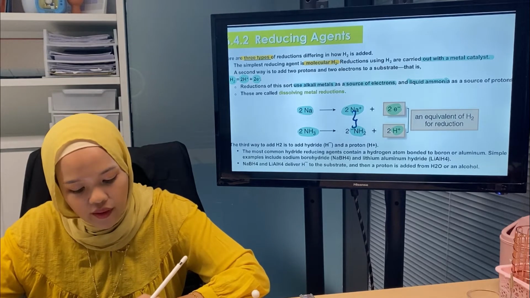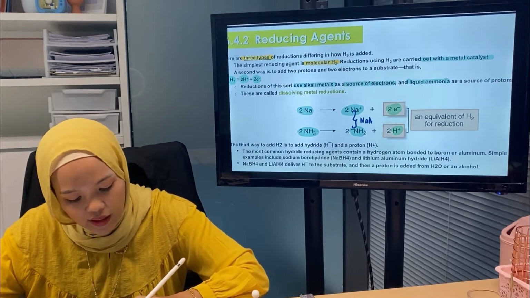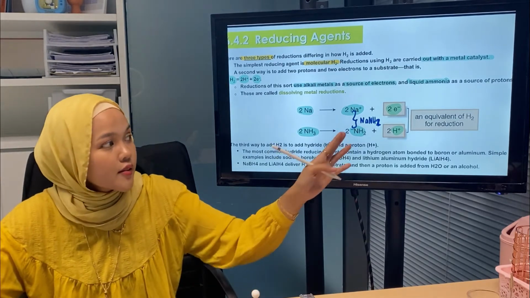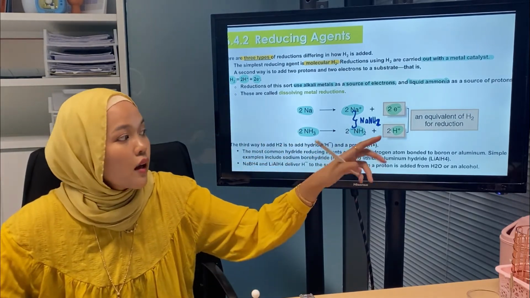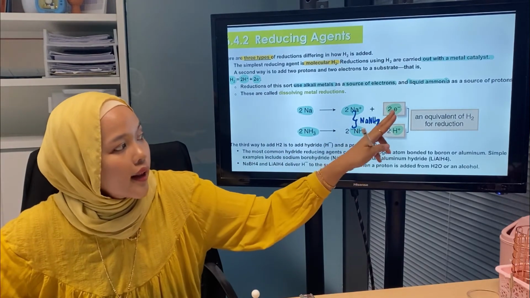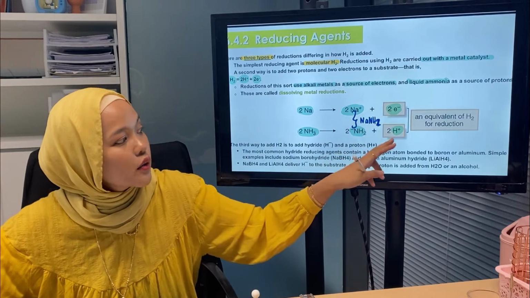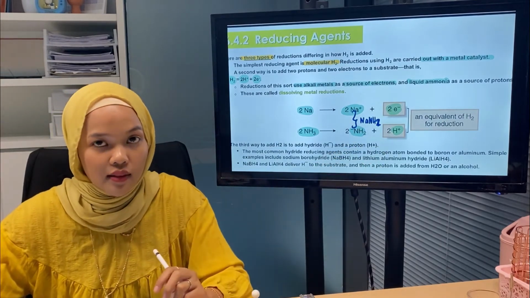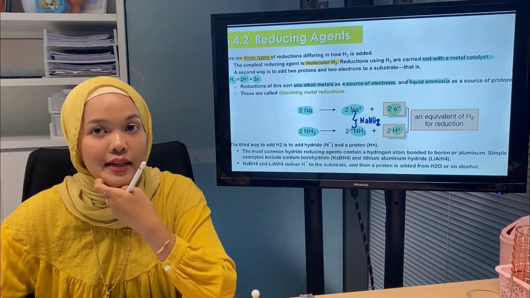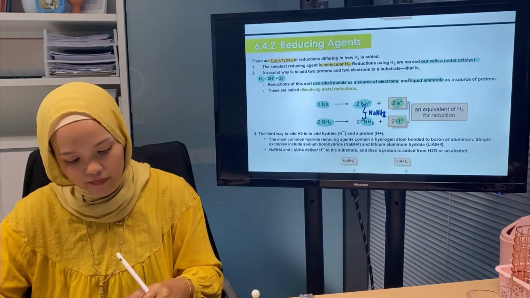These two are going to become NaNH2, but this one is just a side product. We don't care. What is important is we just want to add 2 protons and 2 electrons. This is equivalent to 2 hydrogen atoms, which you can add one each on the carbon.